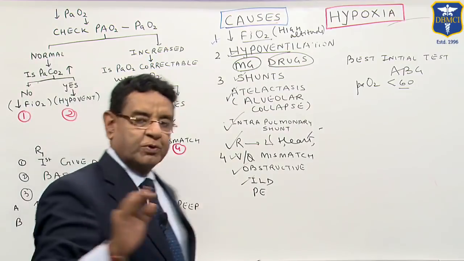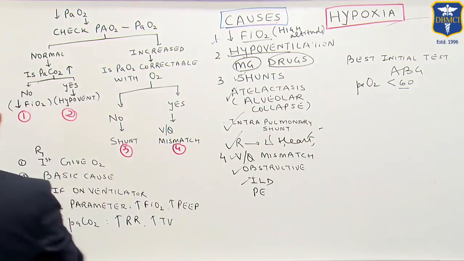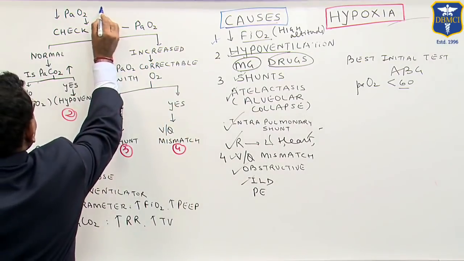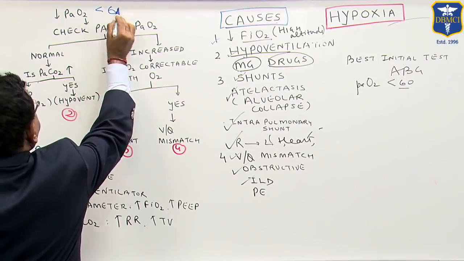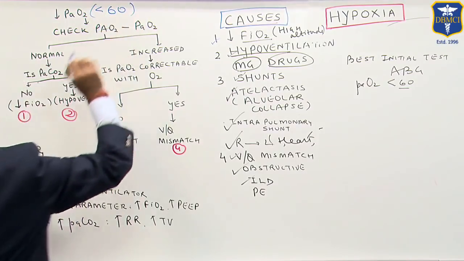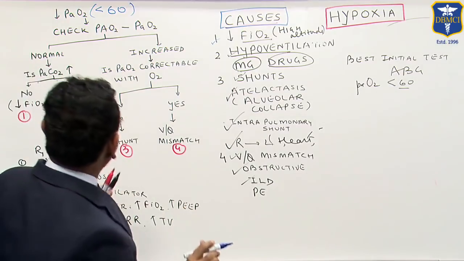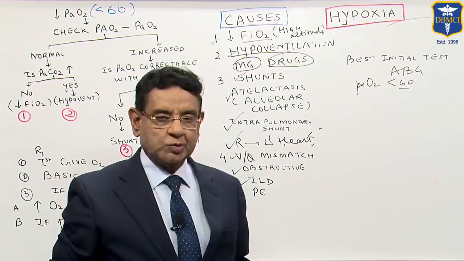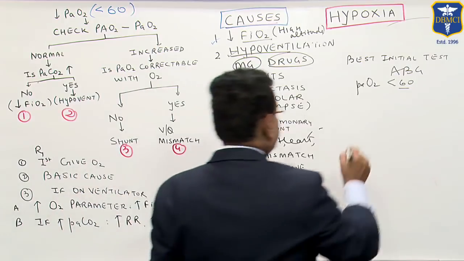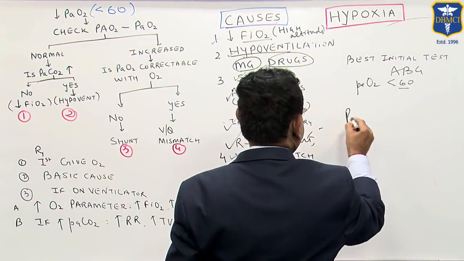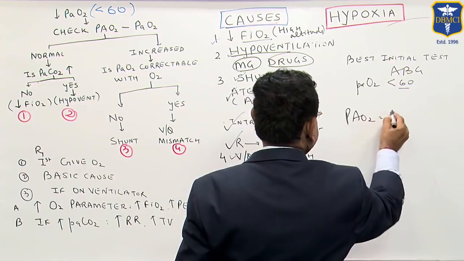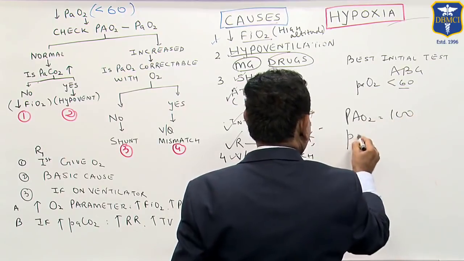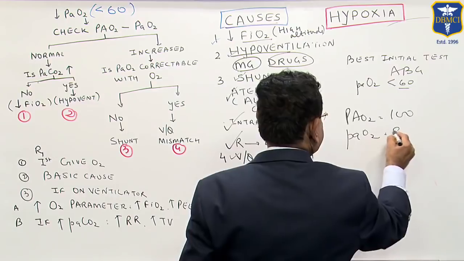So how to approach this case? We have PaO2 less than 60 millimeter of mercury, that confirms hypoxia. Now we check the A-a gradient. We discussed just now that normal alveolar PO2 is 100 and normal PaO2 is 95.